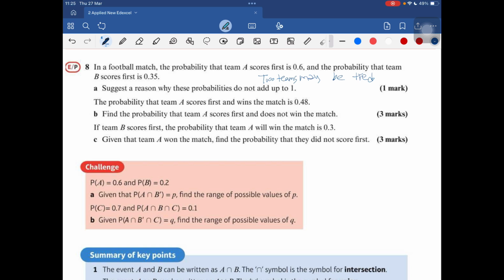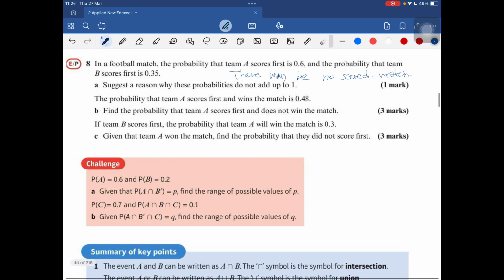Okay. No, actually I didn't understand properly. So A scores, maybe there will be no goals. There may be no score match. A scores first and wins the match is 0.48. Does not win the match.